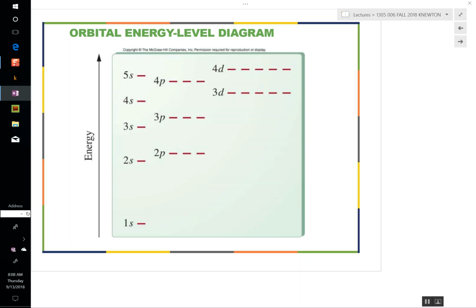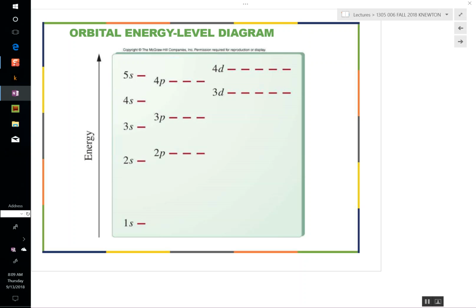That 3d, even though it's in the 3rd energy level, the 3d orbitals are slightly higher energy than the 4s. So what's the big deal about that? Electrons go to the lowest energy spot they can find before they start filling anything higher.